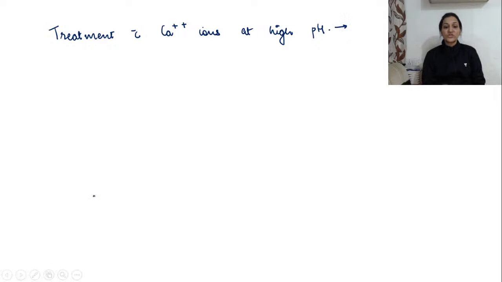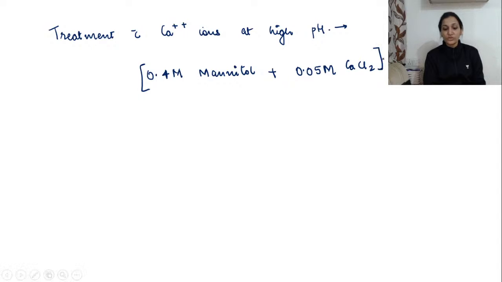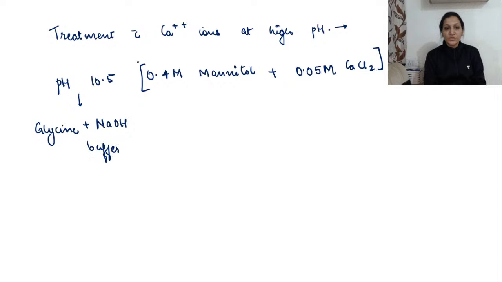So this method is actually composed of incubating the protoplast in a solution of 0.4 molar mannitol containing 0.05 molar calcium chloride, and the pH of the solution should be adjusted to 10.5, and this pH is adjusted with the help of glycine plus NaOH buffer. So this is the composition.